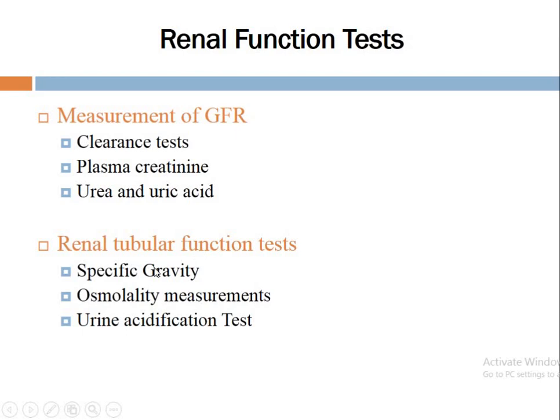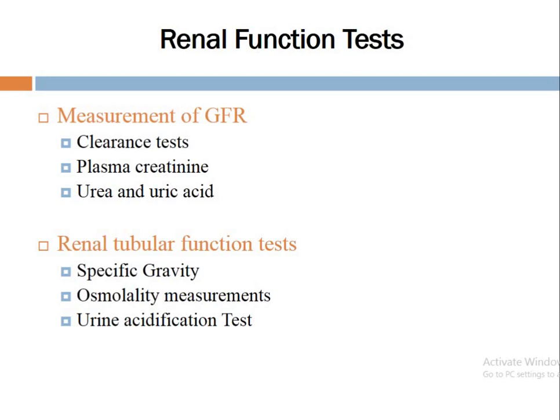Renal tubular function tests: what are the different tests? The specific gravity of the urine is determined not only by proteins but by other solutes which are present. Osmolarity measurements also come under this heading, because osmolarity changes as the fluid passes through the tubule.